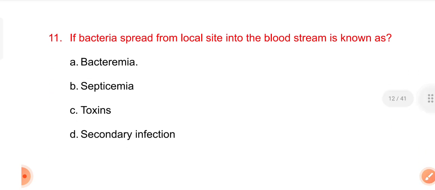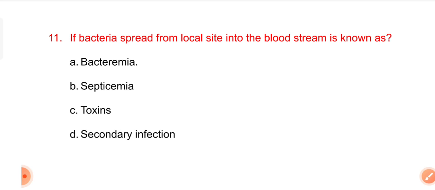The next question is: if bacteria spread from a local site to the bloodstream, it is known as? When a person has an injury on the body, the microorganisms present in the wound enter into the bloodstream. What do we call that?